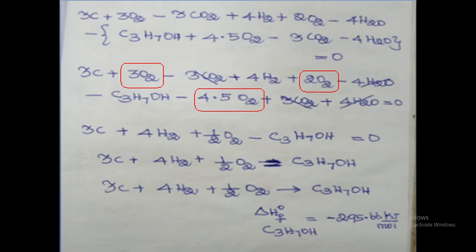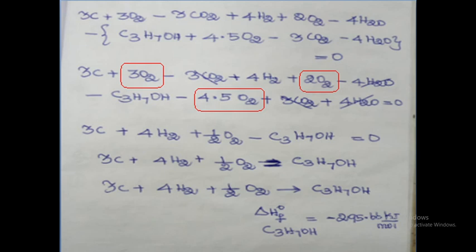So which ones cancel here? Minus 3CO2 and plus 3CO2 are cancelled. Minus 4H2O and plus 4H2O are cancelled. Next we are going to look at the oxygen value: 3O2 plus 2O2 minus 4.5 O2. Finally we get plus 1 by 2 O2. Are you clear or not? Okay, that is 0.5 O2. So the final expression is 3C plus 4H2 plus half O2 minus C3H7OH is equal to 0.